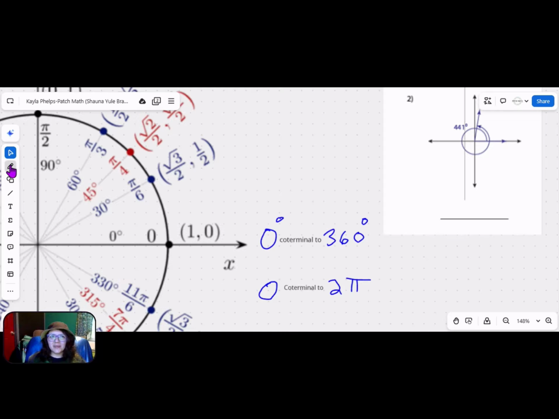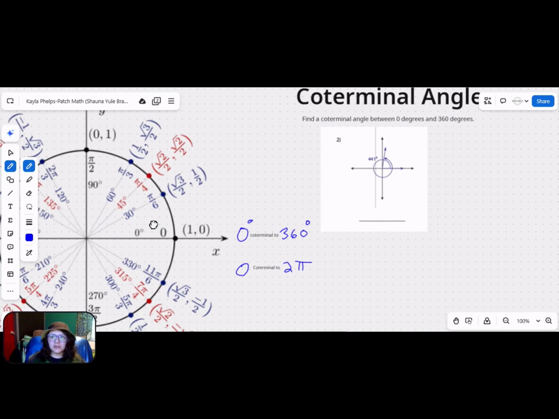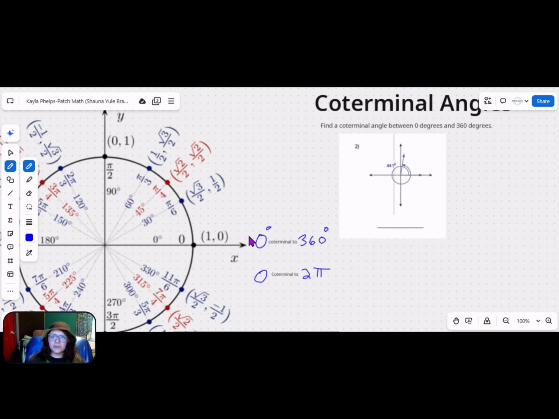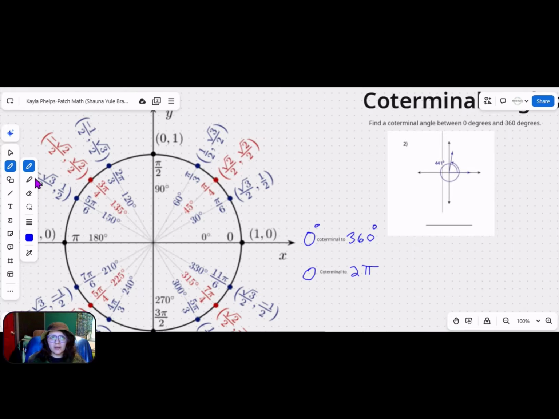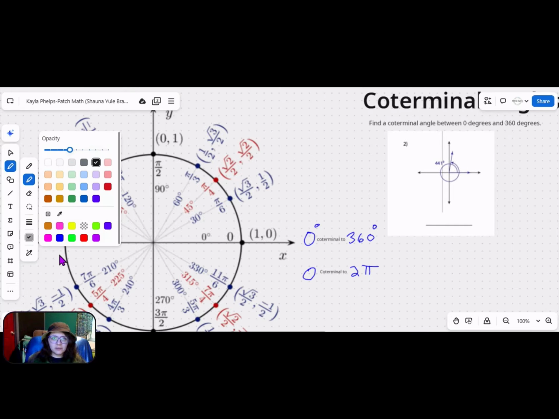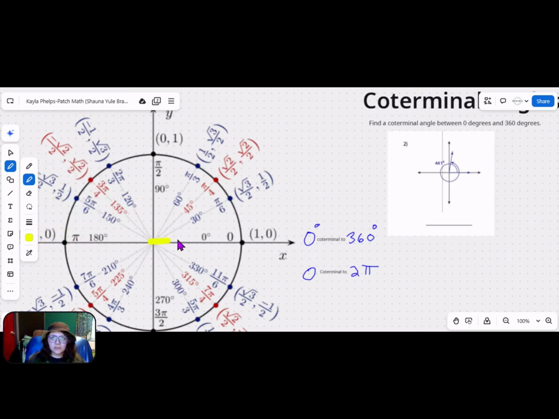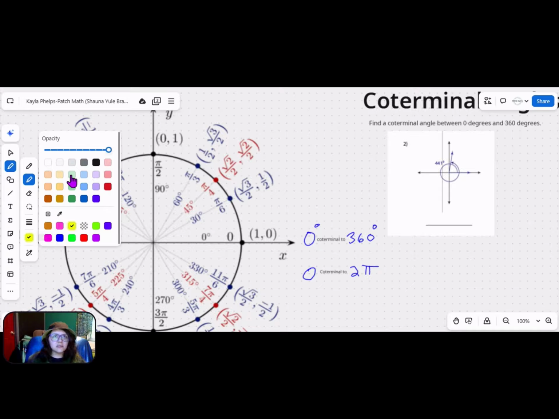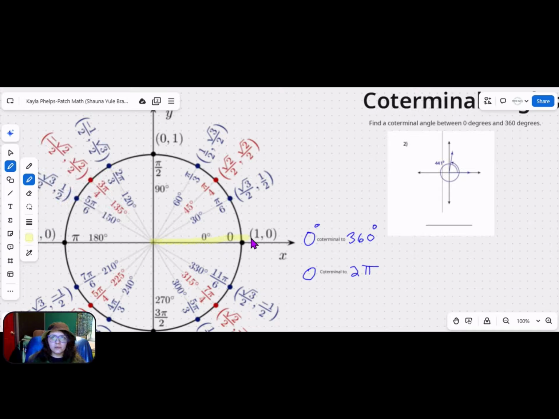All right, and with that being said, there's one more thing we want to learn about coterminal angles and how they appear on the unit circle. It's both the positive and negative direction. You'll notice that whenever I start talking about an angle measure, I start my angle here on the x-axis, and then I open counterclockwise.